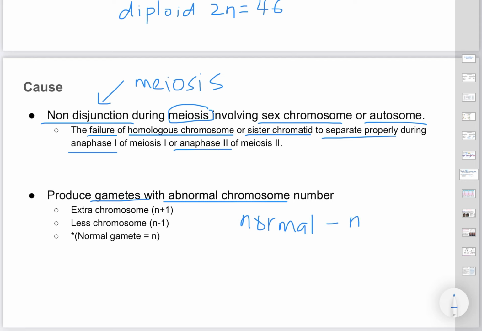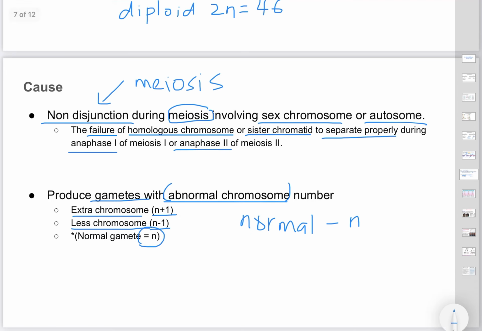Bila berlaku non-disjunction, kita akan menghasilkan gamet dengan abnormal chromosome, di mana gamet itu could have an extra chromosome, which we write as n plus 1, and the gamete could also have one less chromosome, n minus 1. Okay, ini keadaan normal gamet.